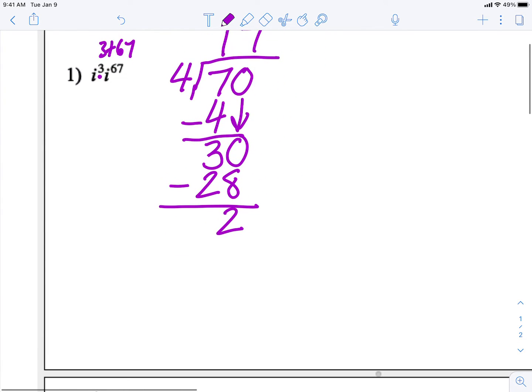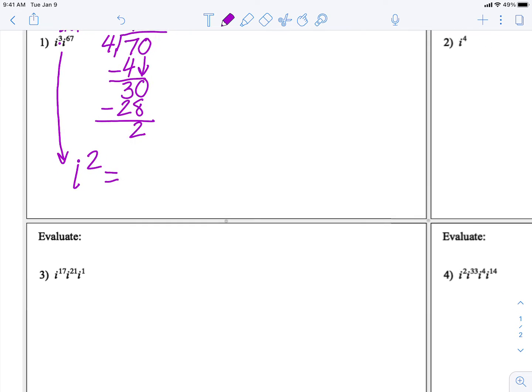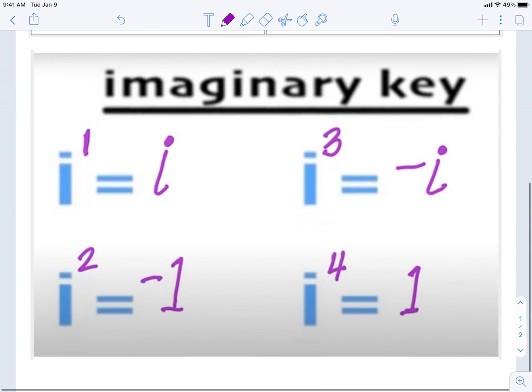Right? So these two have become i to the power of 2. Well, how much is i to the power of 2? Well, fortunately for me, I have my imaginary key right here.